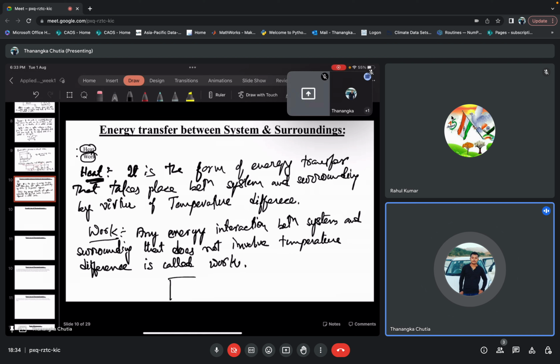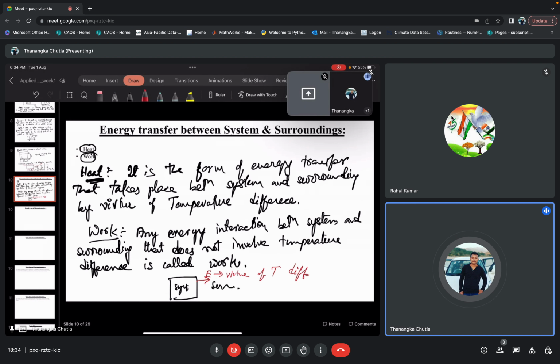Suppose this is my system and this is my surrounding. Now the system and the surrounding interact some energy E, and this energy is by virtue of temperature difference.